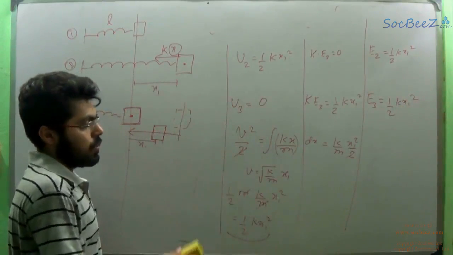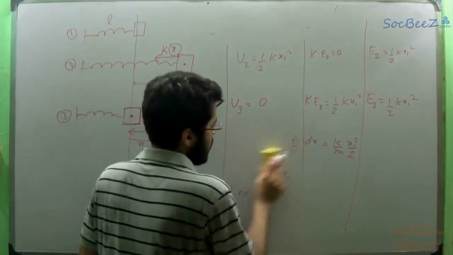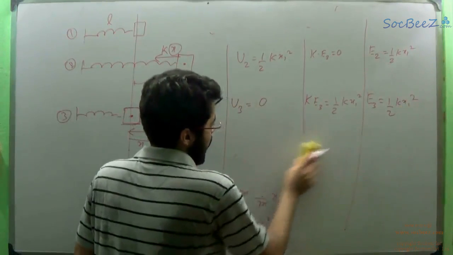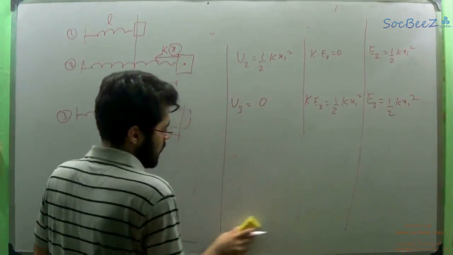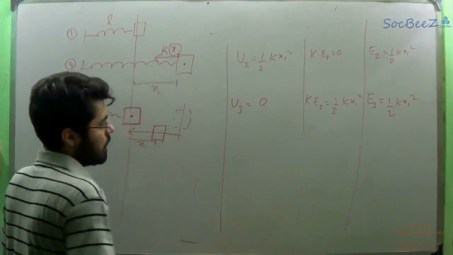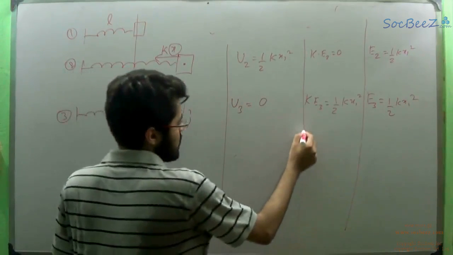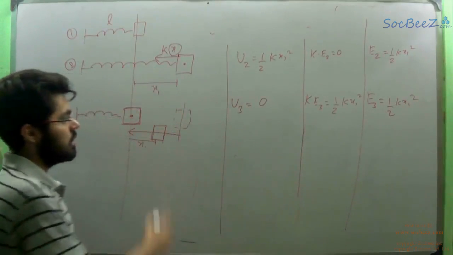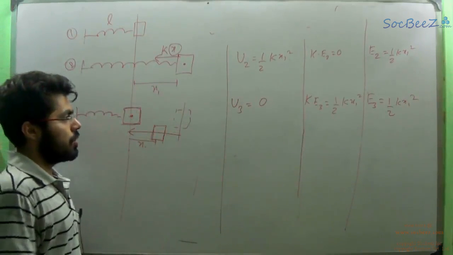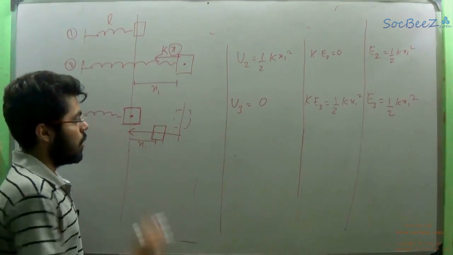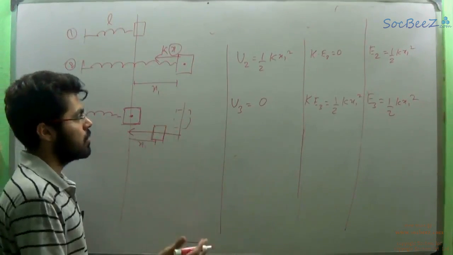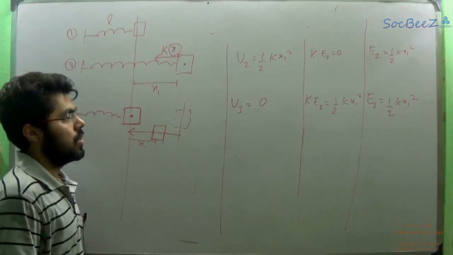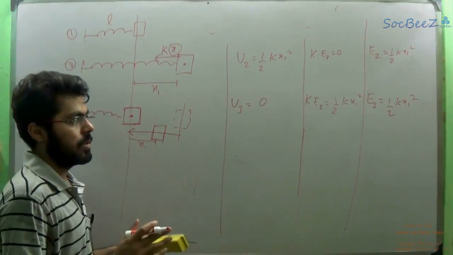So this much of calculation which we did could have been avoided had we been keeping in mind the basic law of conservation of energy. What I said is that here the only force acting is the conservative force, the spring force. So if only conservative force is acting, no external force, no friction, no any other force, then your total energy is going to be conserved.